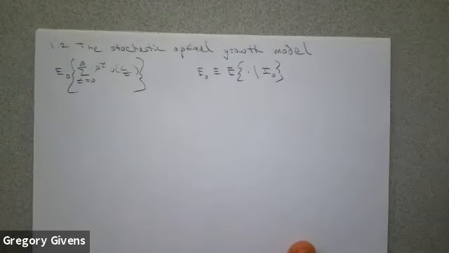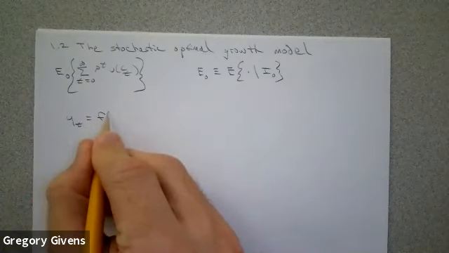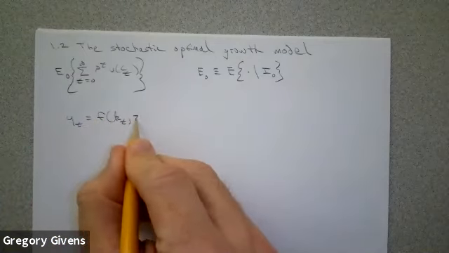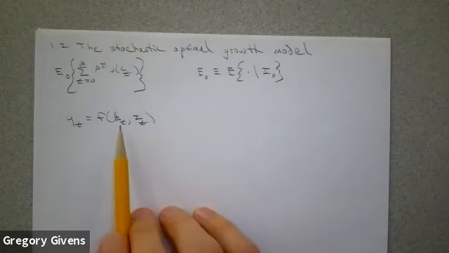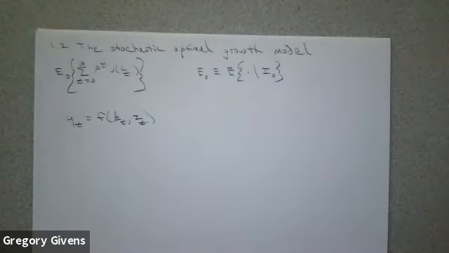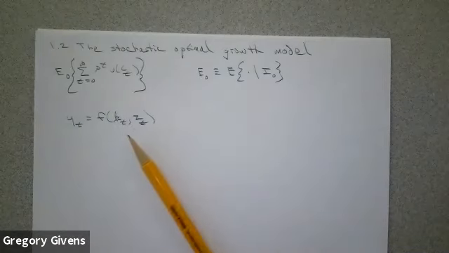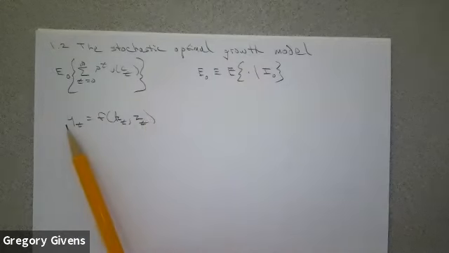The production function in the optimal growth model looks similar as well. Y_t is equal to f of k_t, but now the production function is hit by these shocks z_t, okay? So y is output per capita, k_t is capital per worker. Z_t now has a clear interpretation. In the optimal growth model, the source of uncertainty is these shocks to the production function, which means that for a given amount of physical inputs, if Z changes, that changes the amount of output that can be produced from a given amount of capital.